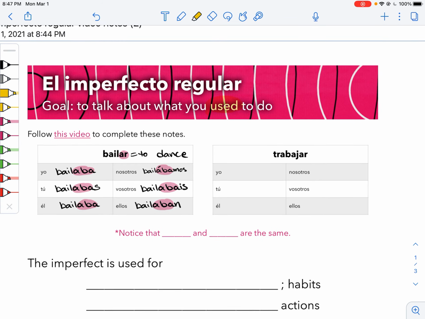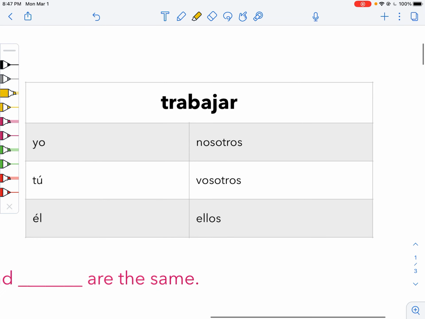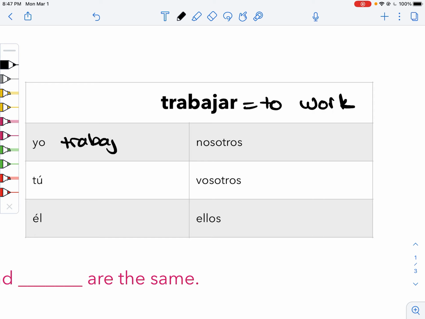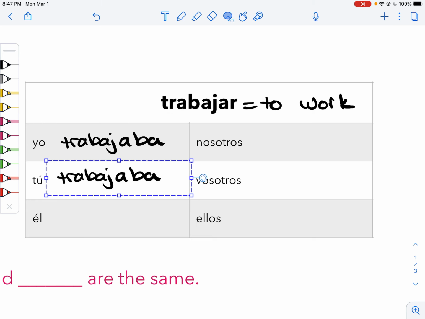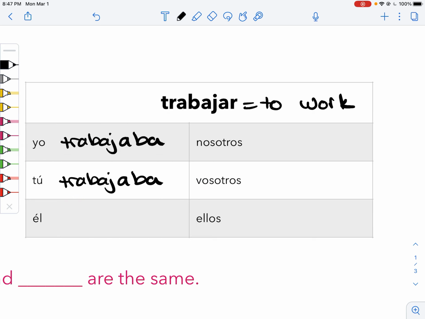Now let's look at trabajar, following the same example. Trabajar is to work. So I used to work is trabajaba. It's really fun to say. So I used to work, trabajaba. You used to work, trabajabas.